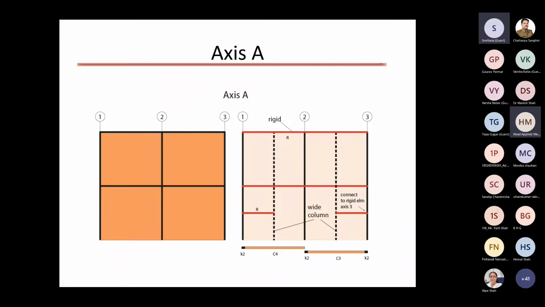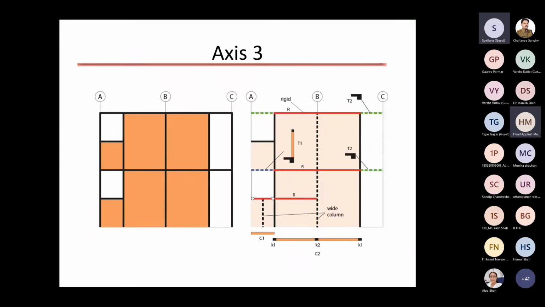If you look at axis 3, this point at the left-hand side, this pin along the grid line A, meets with the model at grid line A.